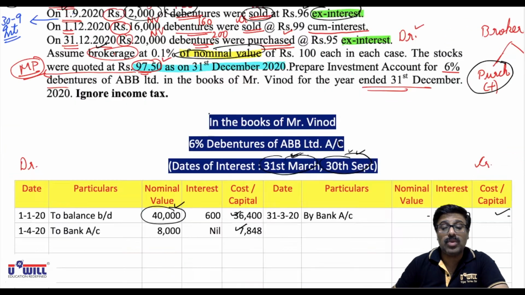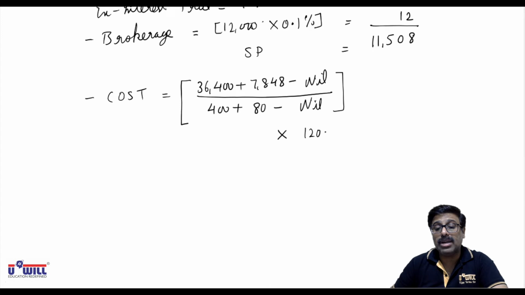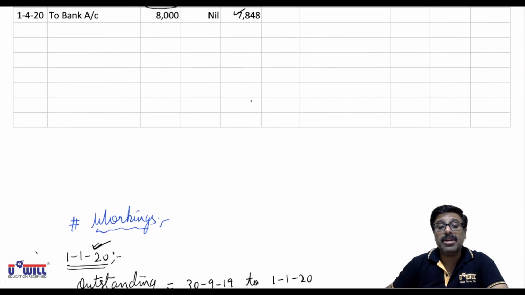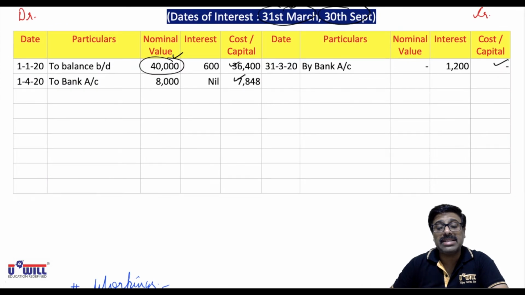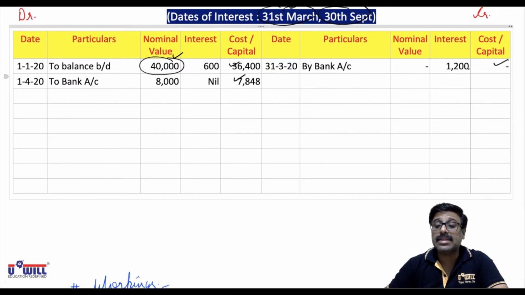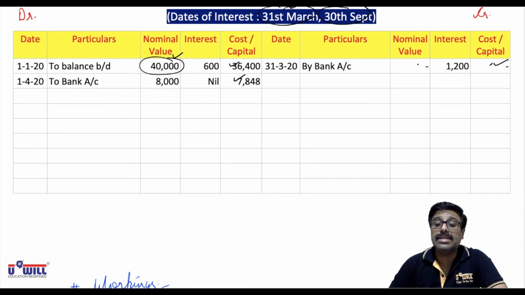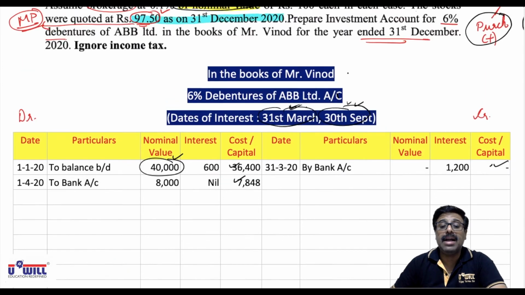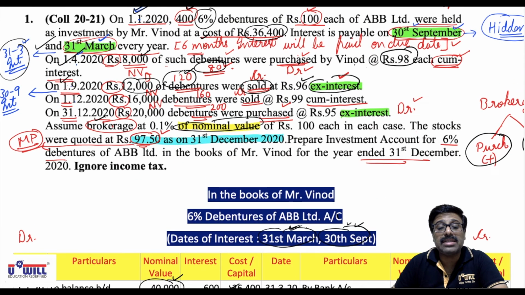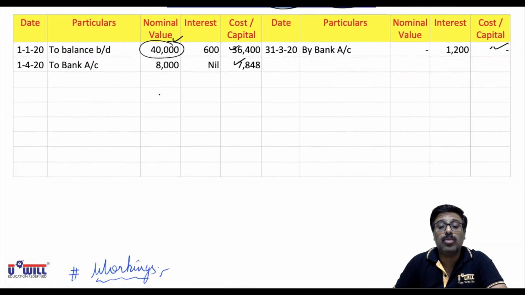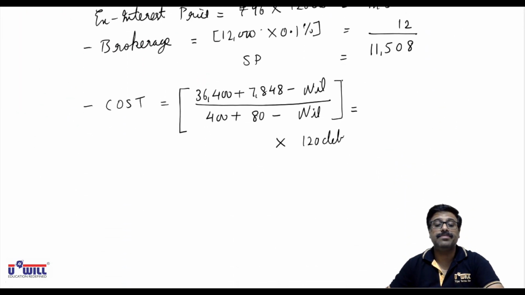Here 12,000 means 120 debentures are sold, so multiplied by 120. I repeat it one more time. Total of cost debit column 36,400 plus 7848 minus credit column nil, divided by number of debentures on the debit side 400 plus 80, minus number of debentures on the credit side nil, multiplied by how many debentures are sold in this transaction? 120.